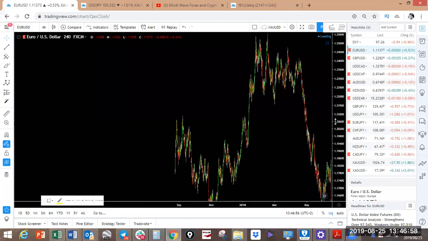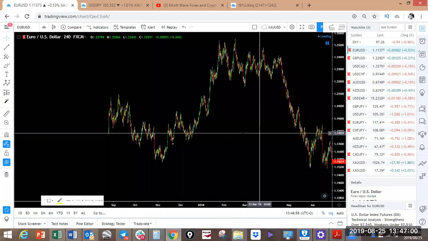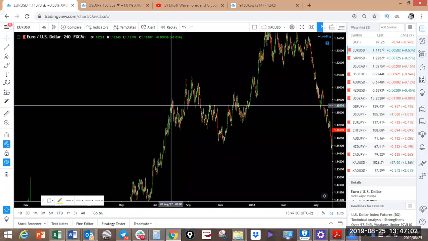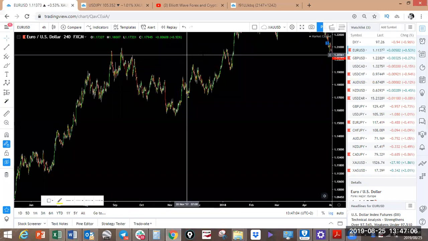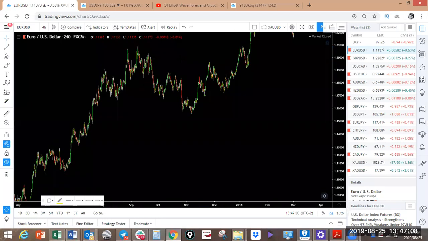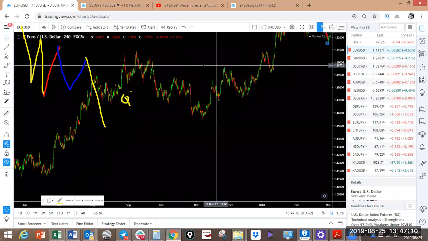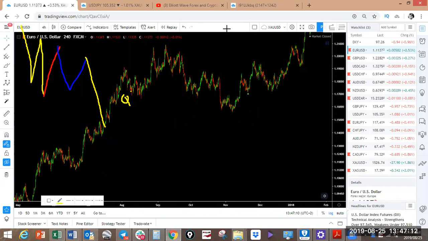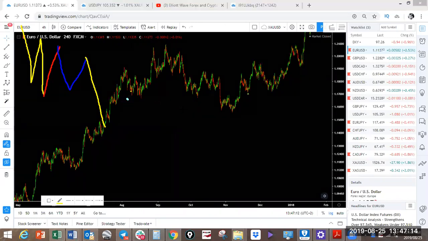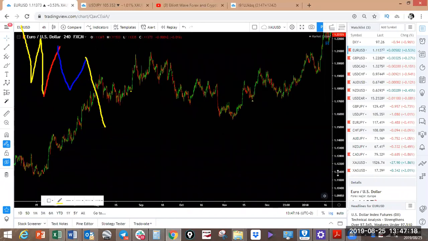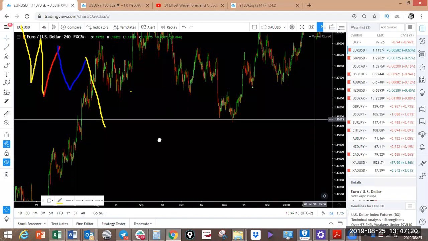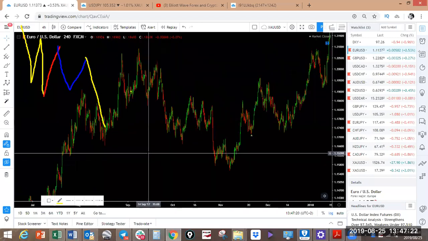Same pattern, exactly the same pattern. So now you can see this is on the 4 hour. The first one we're looking at on the weekly. Let me bring the original pattern and clear this here. Again, you will see here that we've got the exact same pattern.